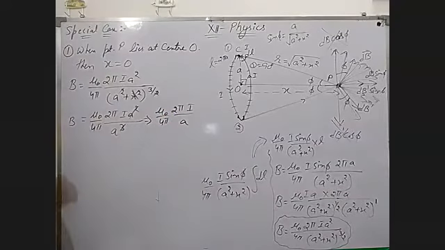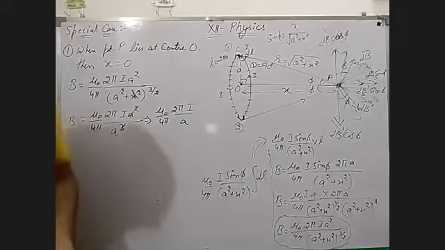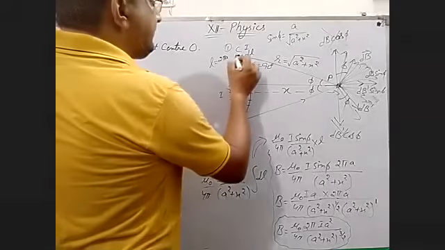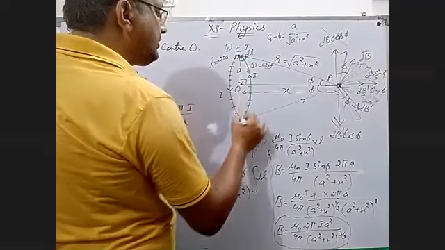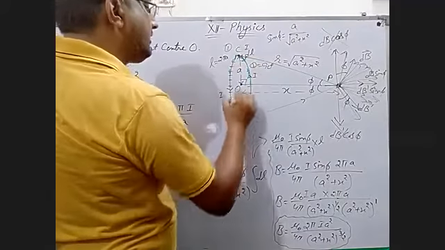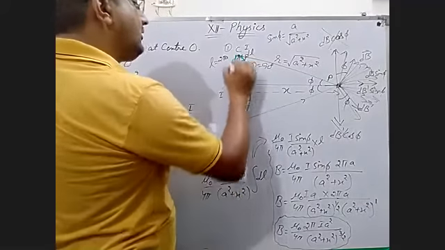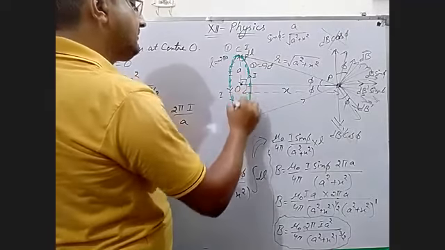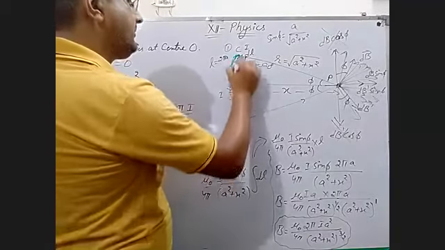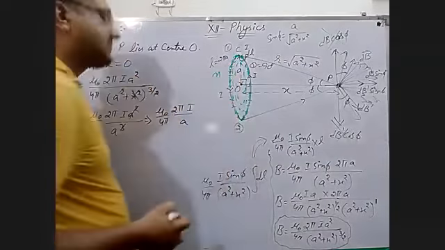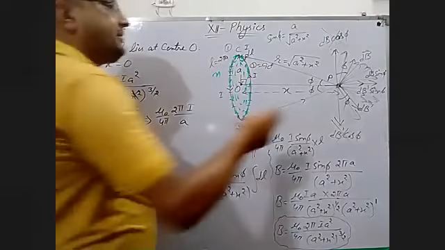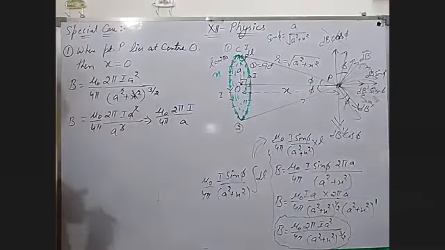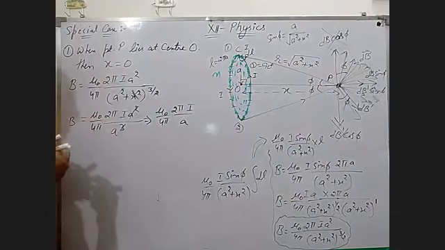This is the relation. But another thing is what? If you have so many circular coils of the same radius in this way, suppose n turns are there, then what will be the effect on its magnetic field, carrying the same current? Okay, direction of current is same.